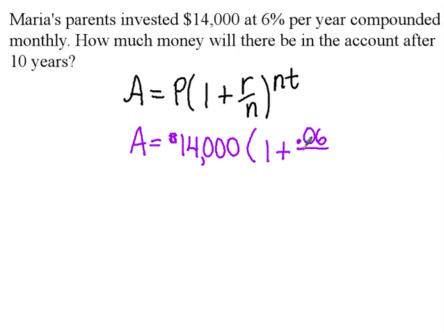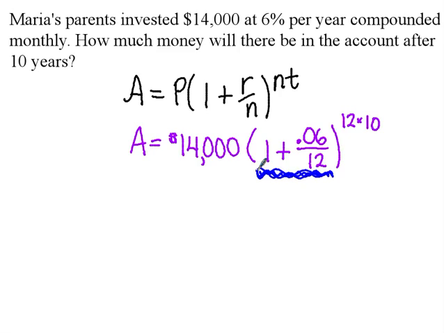What's T? 10. What's N? 12. Thank you. The reason it's 12 is it's compounded monthly, so we have 12 months in a year. And then notice it says N times T. What's T? 10. So notice you use the 12 twice. You always will do that. Now here's how you calculate this. You've got to simplify this first.